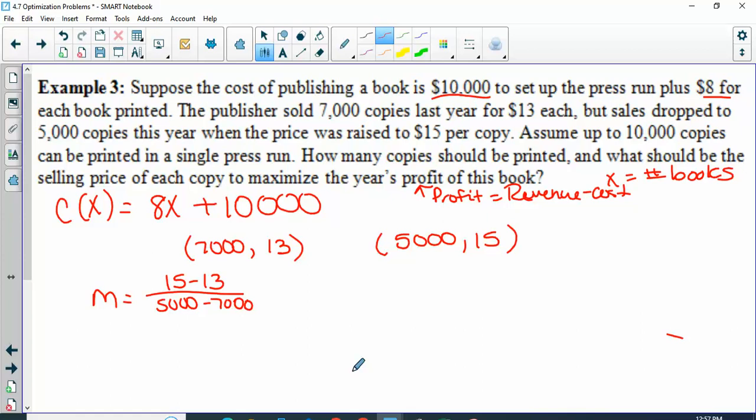So we get negative 2 over 2,000, or negative 1 over 1,000. Then what do we do?